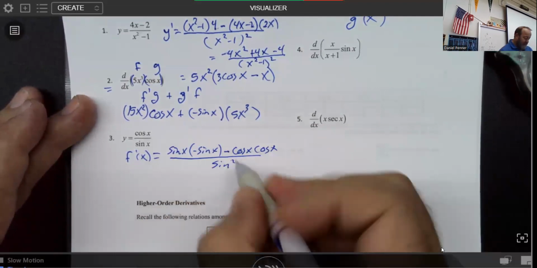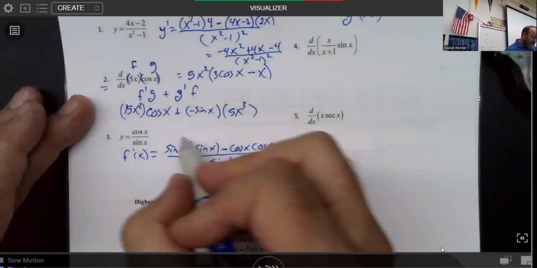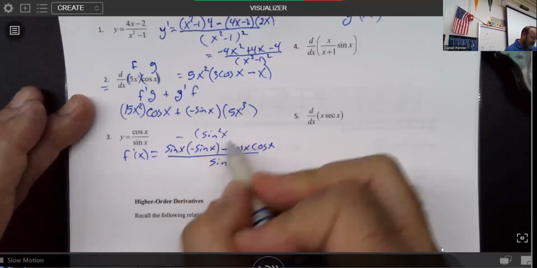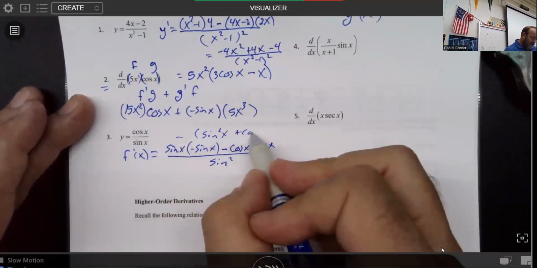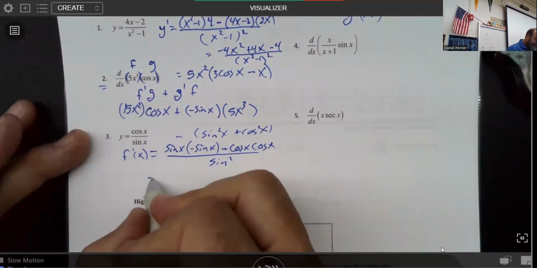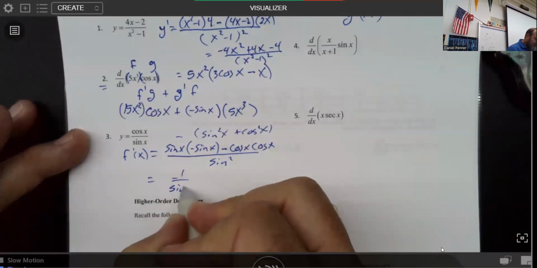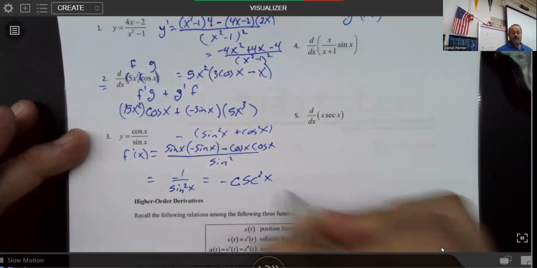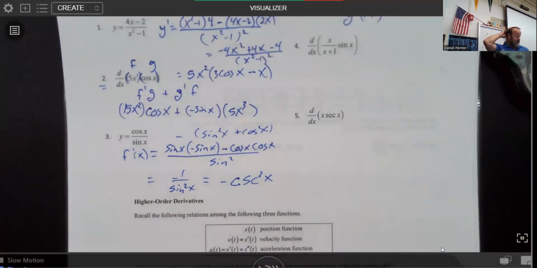Well, what happened right here is we have a negative on both of these. So I'm going to factor that out, and I've got sine squared here, and I've got plus cosine squared here because they were both negative. Well, that just became 1. And so the smarter way of saying that would be negative cosecant squared, and that would end that particular story.